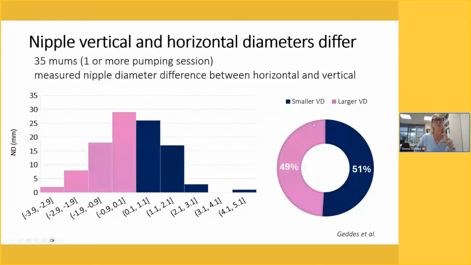And so what you can see here in the circle is that half the mothers have a smaller vertical diameter than horizontal, and half of them have a larger vertical diameter than horizontal. So depending where you measure, you get a difference. And these are the differences here. So you can have a difference between them of up to 4 millimeters, either way, smaller or larger.